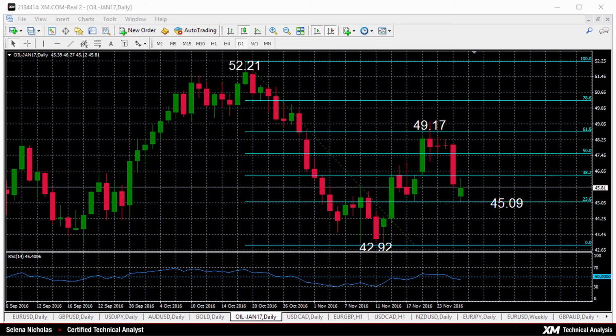And in order to see a shift in the bearish bias that we have now, we need to see a move at least above the 47 area. Otherwise, we expect further downside momentum, as RSI is still bearish. It's below 50, so it's in bearish territory.